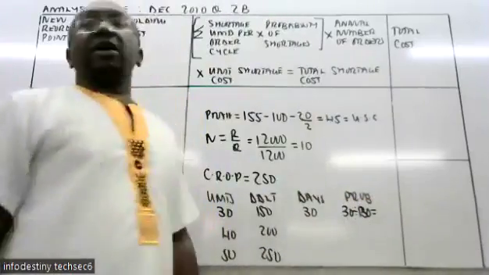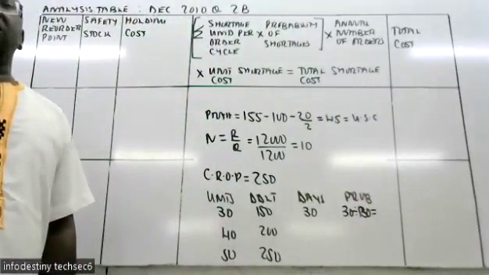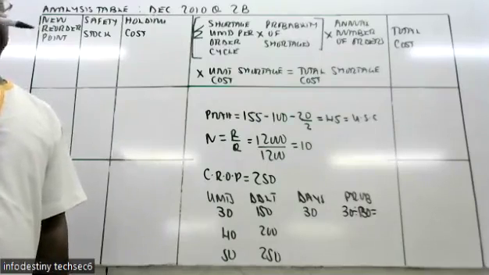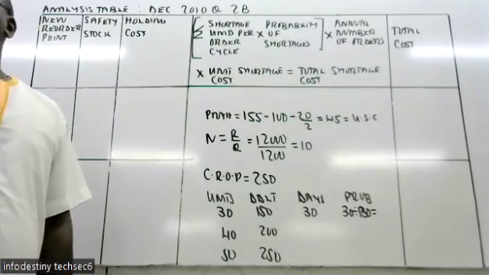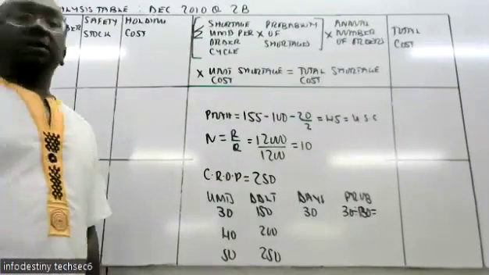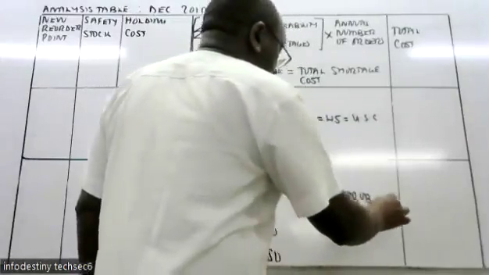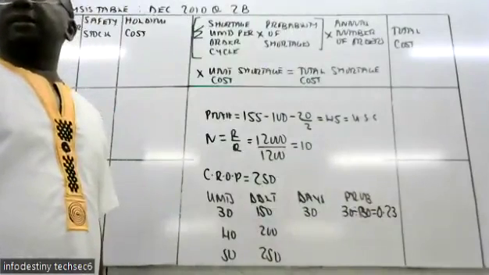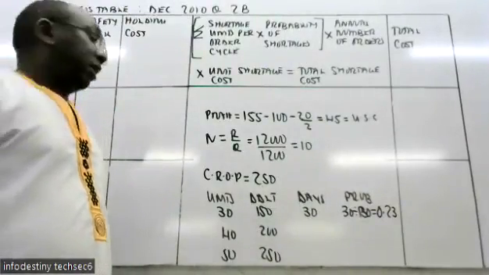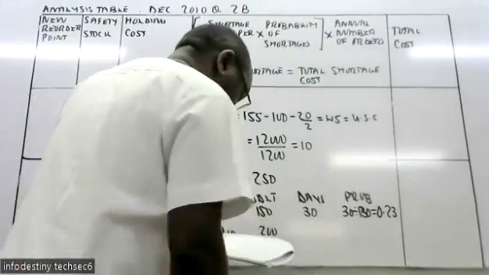We can confine ourselves to decimals. 30 divided by 130 is 0.23. Okay. Is that other one 30 or 10?